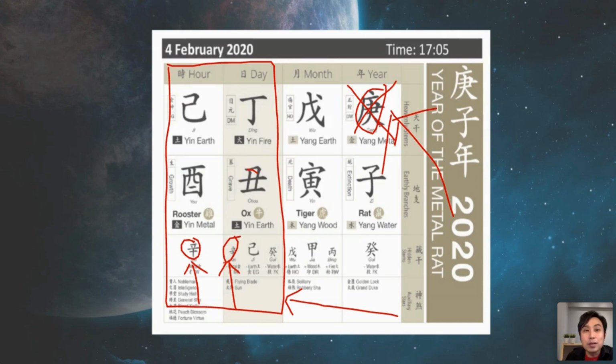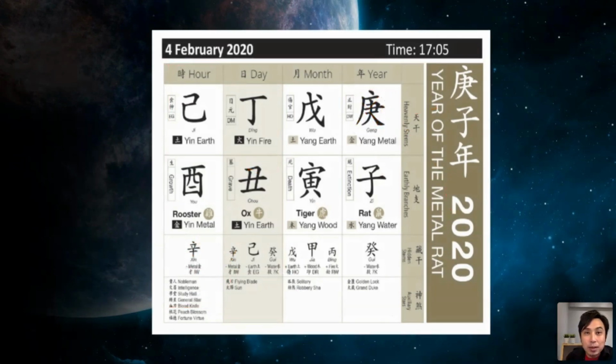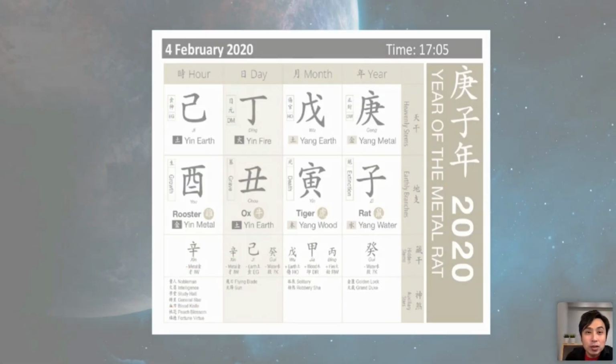And for some of the advanced students, you can also look at the whole chart here. Since the wealth element is inside, this element and this element are also a combination, and this element also combines to become metal.